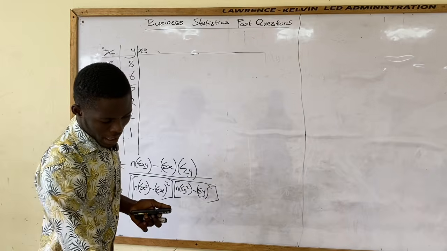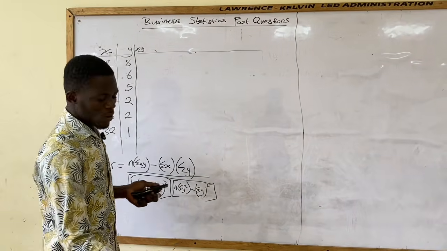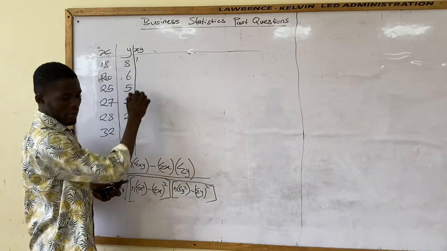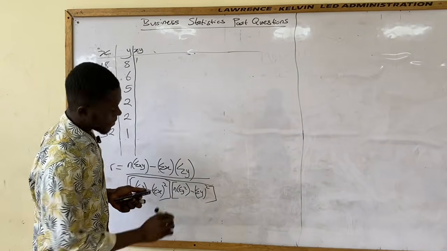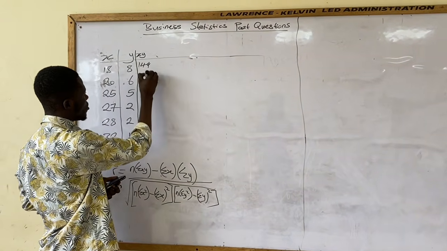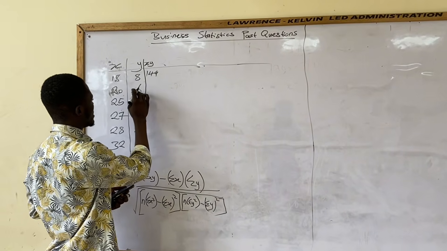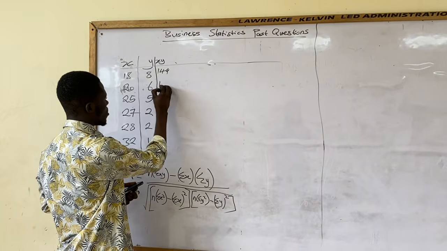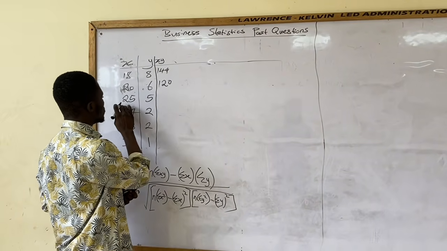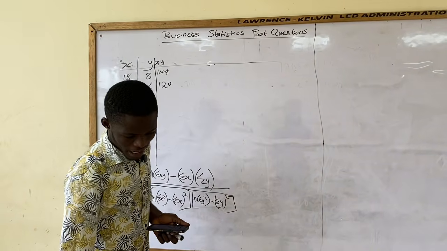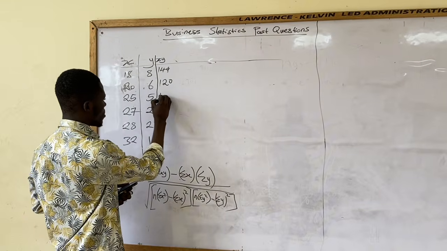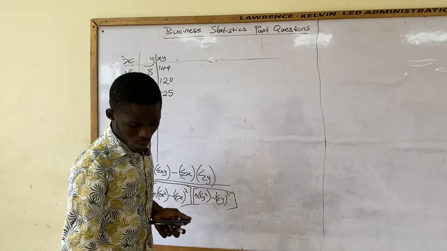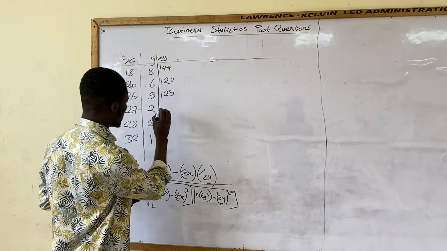X multiplied by y. So 18 by 8, we'll get 144. 20 by 6, we'll get 120. 25 by 5, we'll get 125. 27 by 2, we'll get 54.